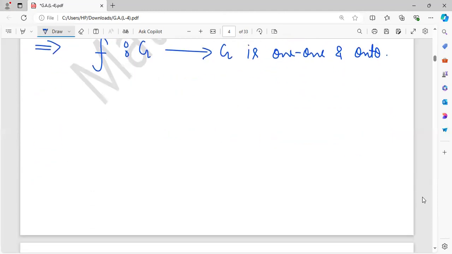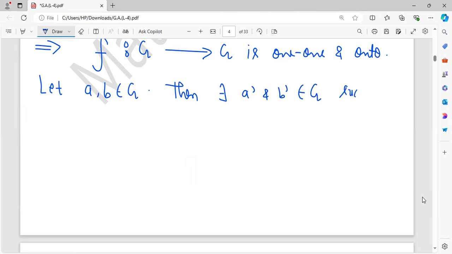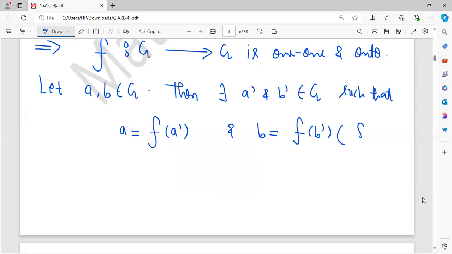Let a and b belong to G. Then there exist a dash and b dash belonging to G such that a is equal to f(a dash) and b is equal to f(b dash). Why is this happening?